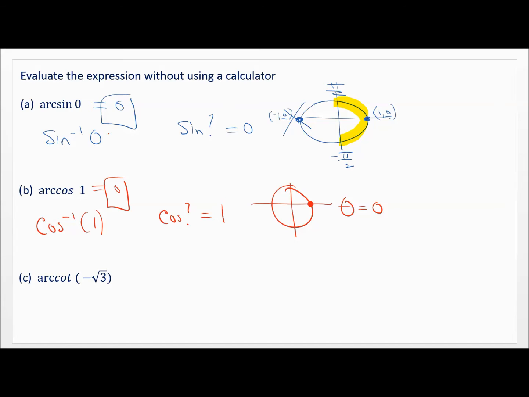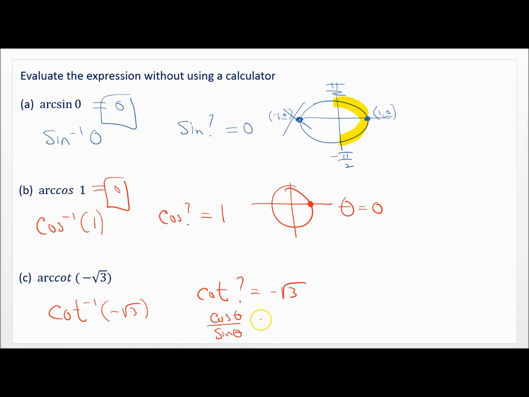And then arc cotangent of negative square root of 3. Again, another way to say that is inverse cotangent of negative square root of 3. So you're asking yourself, cotangent of what angle is equal to negative square root of 3? Now that's a little tougher to think about. Cotangent, if you'll recall, is cosine on top, sine on the bottom.